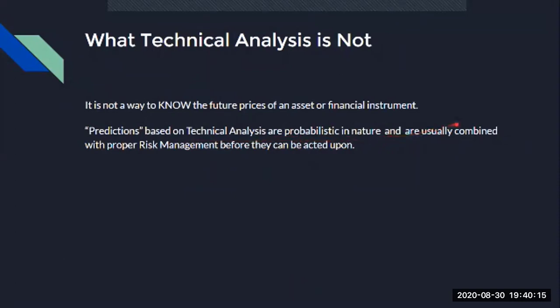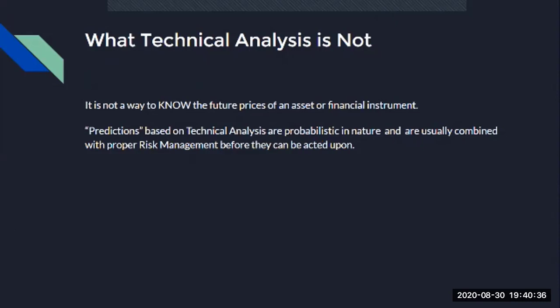Then two, they're usually combined with proper risk management before they can be acted upon. Any prediction you make with technical analysis has to be assigned a probability, say a 20% likelihood of happening.